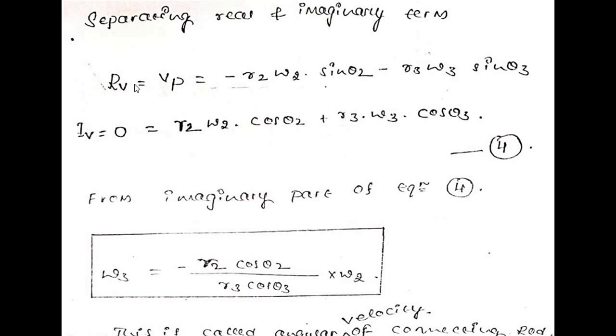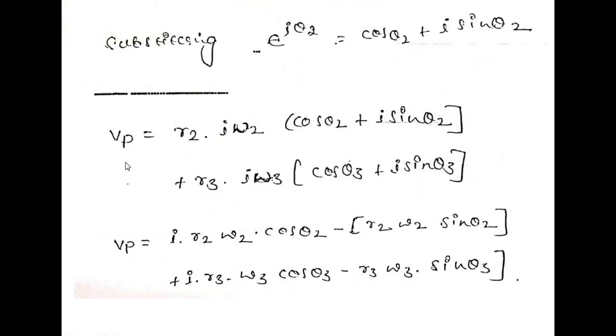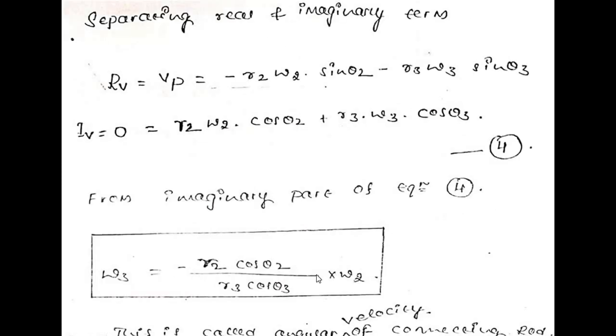That is the real part of the complex number, and what is the imaginary part? That is R2 omega 2 cos theta 2 plus R3 omega 3 cos theta 3. The imaginary part you equate to 0.